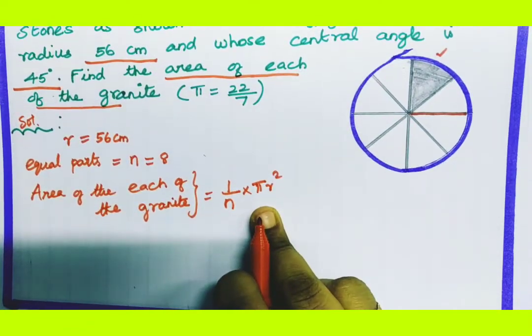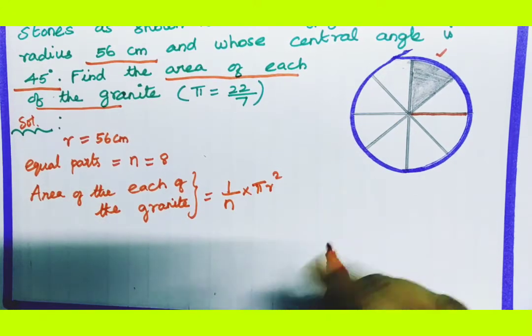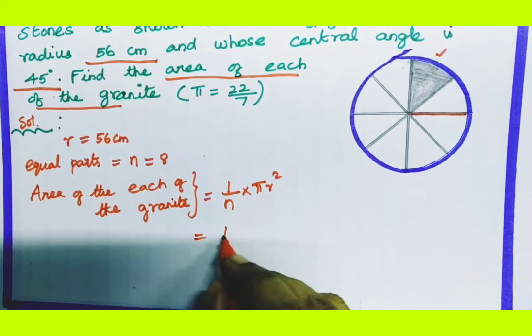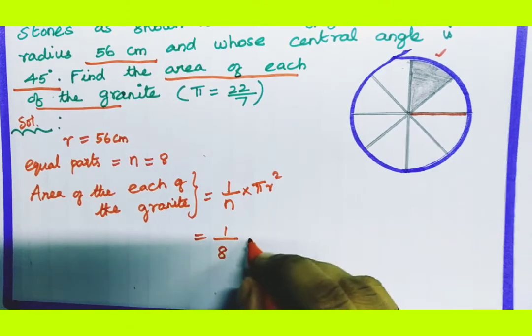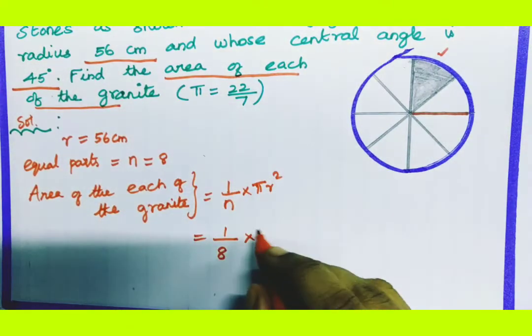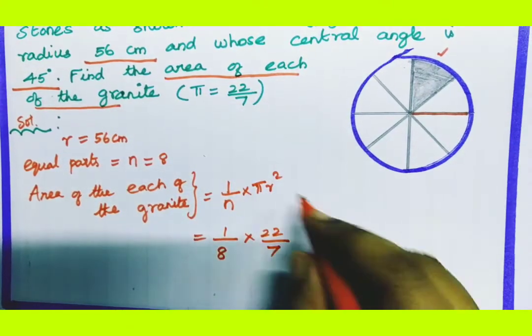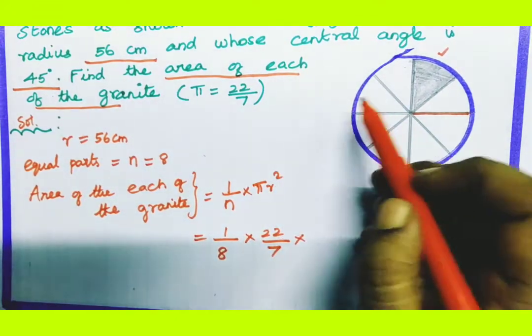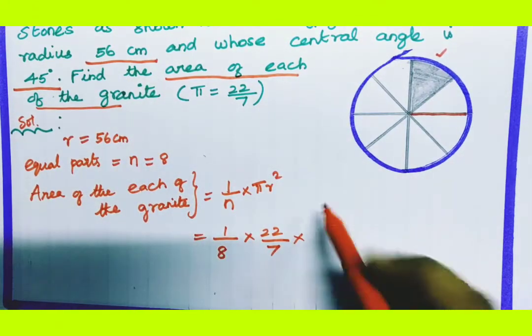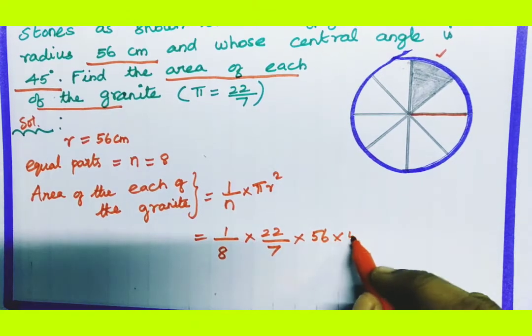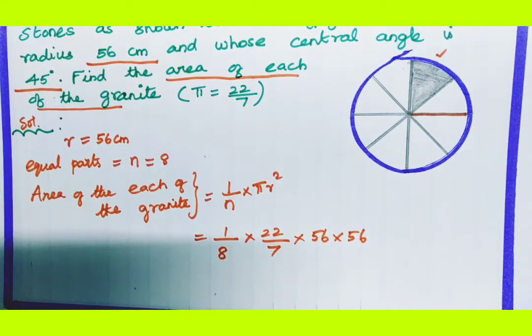So that time we can see that area is pi r squared only. So here 1 by n is what? 8. Pi value is given in the question itself, 22 by 7, into what is the r value here? 56. 56 into 56. So multiply now.